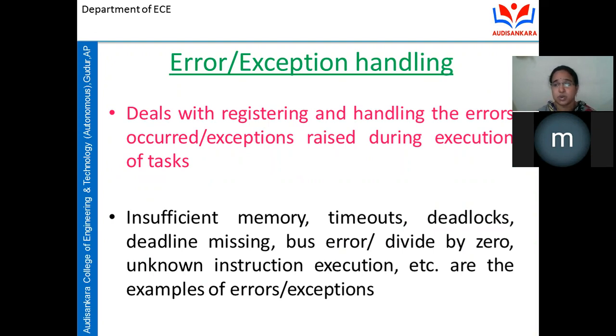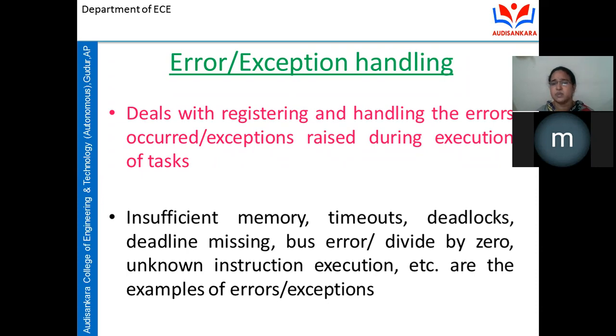If the kernel wants to store a task, or is allocating memory space for the task, and the memory space is sufficient, there is no problem. If the memory space is insufficient, then the error may occur or an exception may rise. Another is timeouts. Why? Because everything is scheduled here. The execution should be completed within the scheduled time.